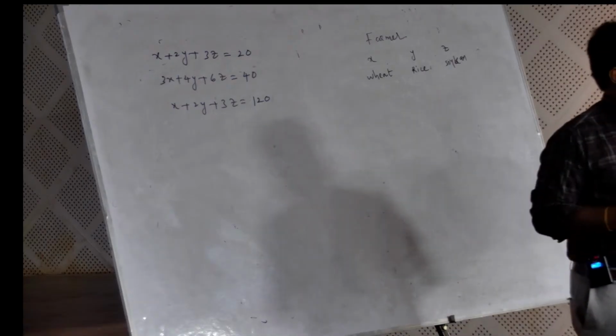Now, he has limited resources. He is not a reservoir. His fertilizer is also limited. He is not having thousands of acres. He is having 20 acres of land. He is having 40 gallons of water.